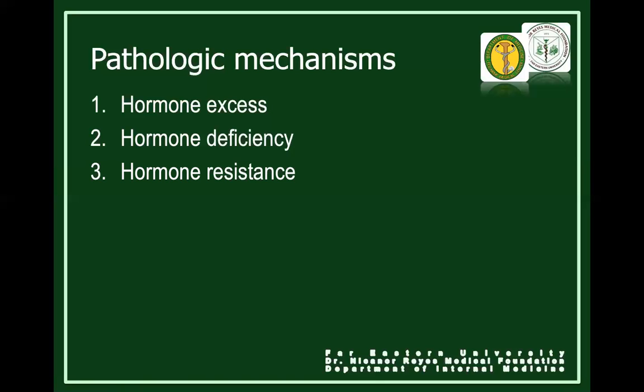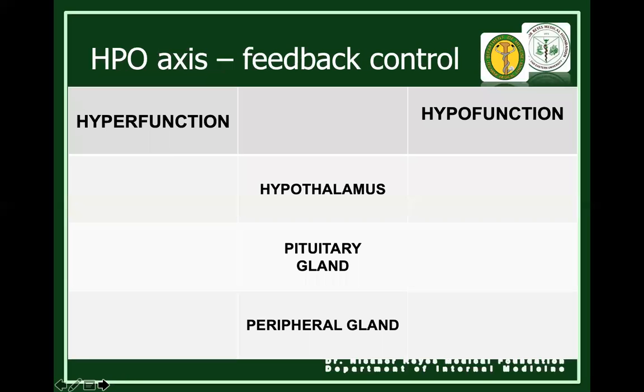That's why it's not working. So that happens in type 2 diabetes. So that's one of the common resistance patterns that we see in endocrinology. In your pituitary, it may happen, but it is very, very rare that you will have a hormone resistance.